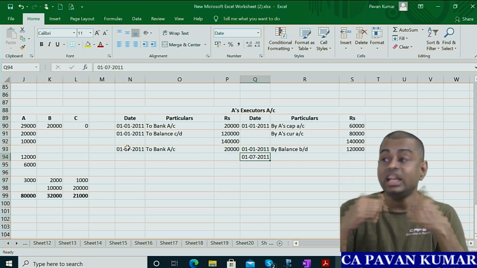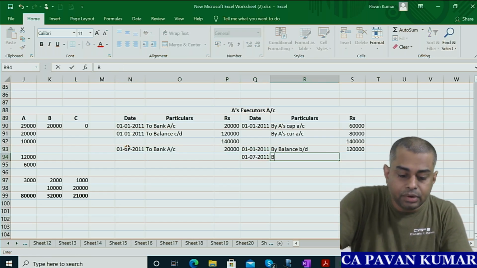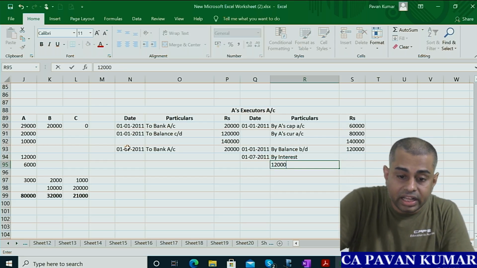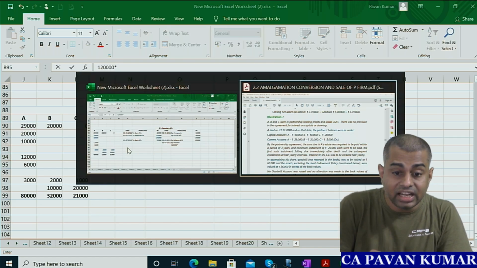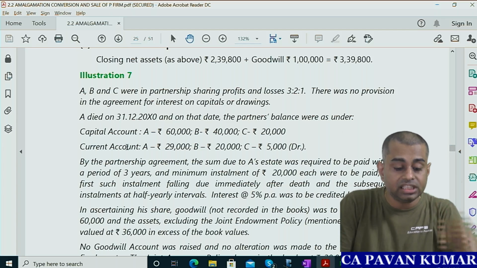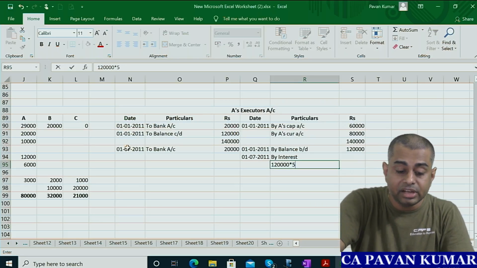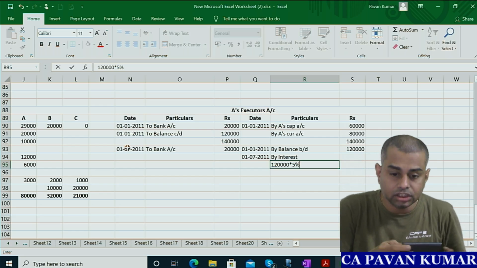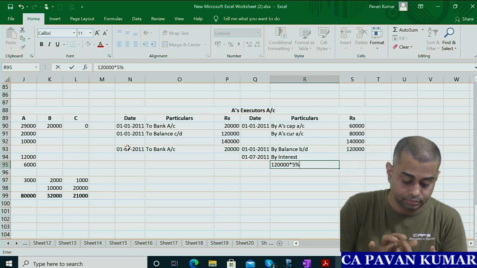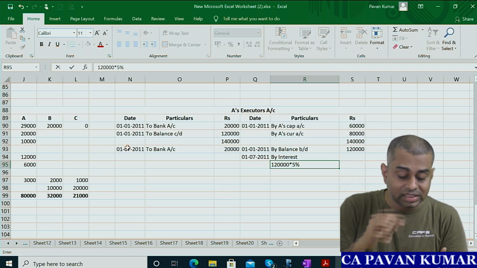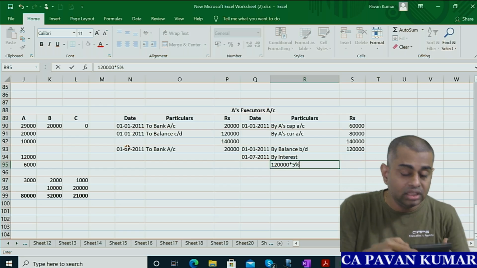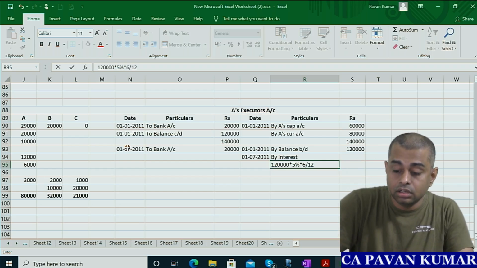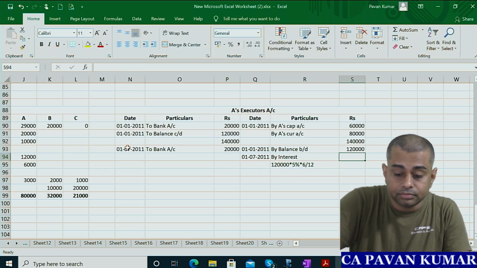Now you need to pay interest also to them, no? So interest will be charged by interest. How to calculate? 1,20,000 is the outstanding into what is the rate given in the problem? 5% per annum, calculated on half yearly basis. 1,20,000 into 5%, how much? 6,000 for half year divided by 2, 3,000. Correct? So into 6 months, no? 6/12. So you will calculate 3,000.